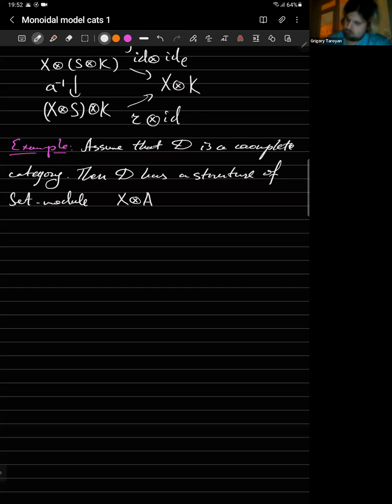So the tensor product is given by, actually, in the last talk by Arseny, it was a common theme that we used this dot product to form the co-product of A copies of X. So if A is a set, it acts on any co-complete category by taking this co-product.